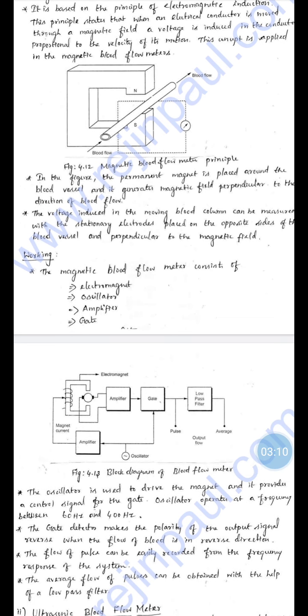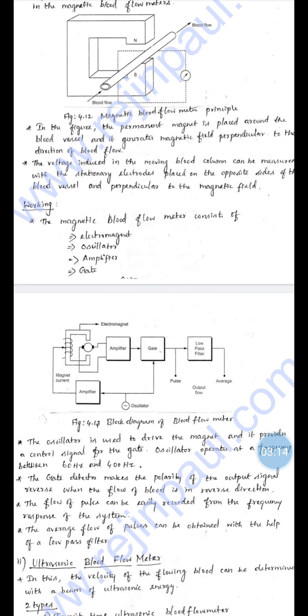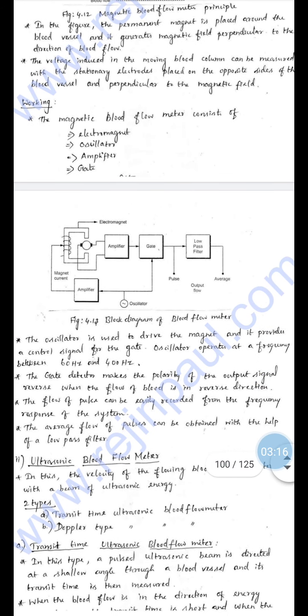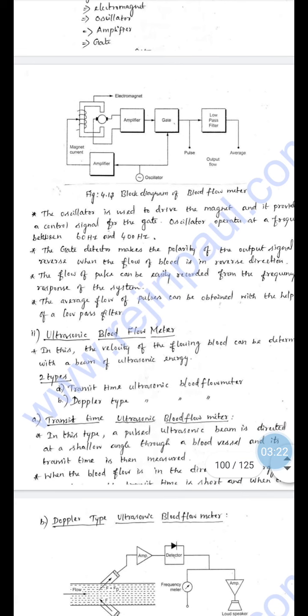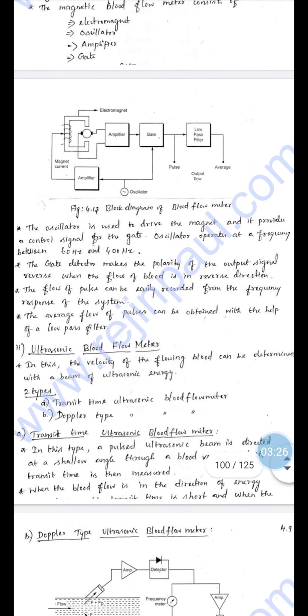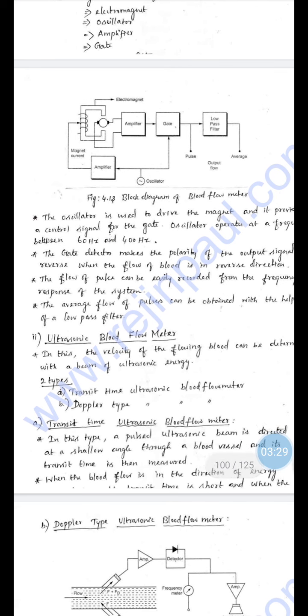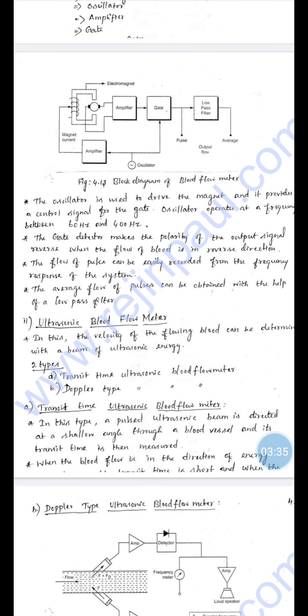The experimental setup consists of an electromagnet, oscillator, amplifier and gate circuit. The figure shows the arrangement. The oscillator is used to drive the magnet and it provides a control signal for the gate. The oscillator operates at a frequency between 60 Hz and 400 Hz.